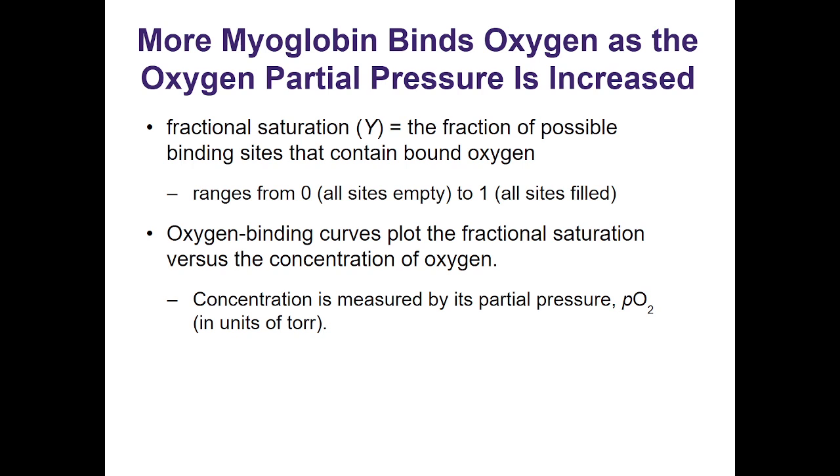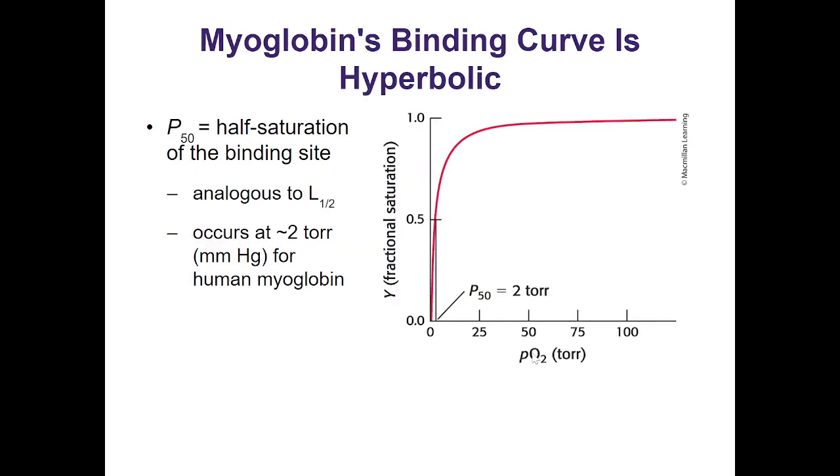Do you remember back in Gen Chem, you learned that the partial pressure over a liquid determines its saturation? It's a direct, linear relationship, and so it's easy to do these things in torr.